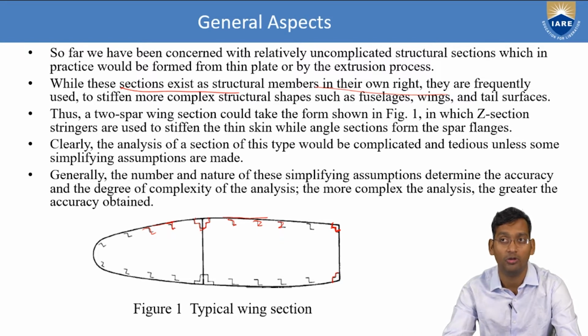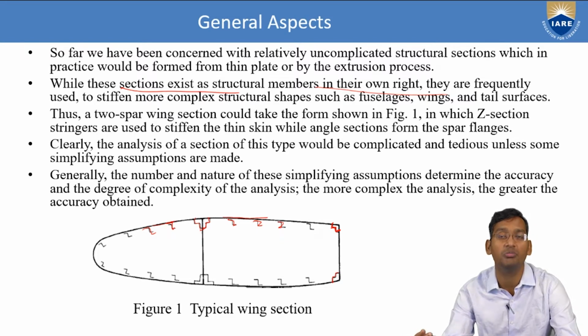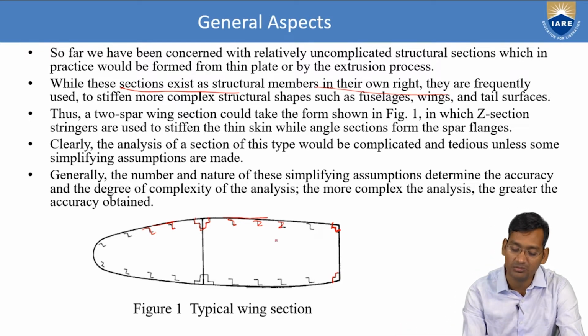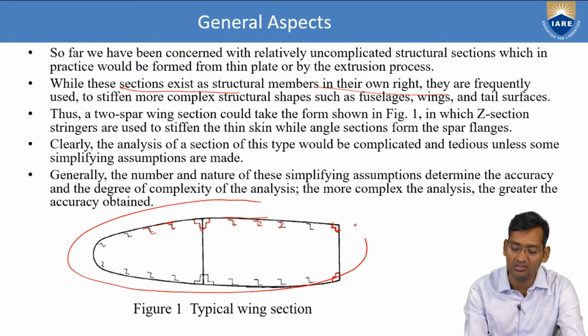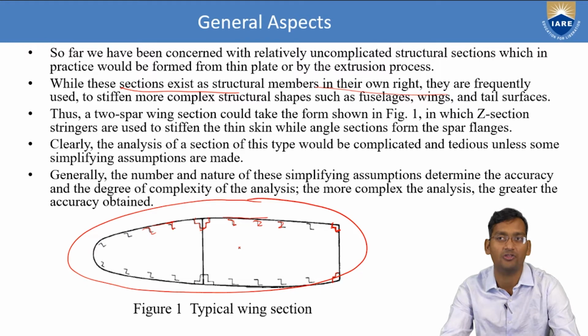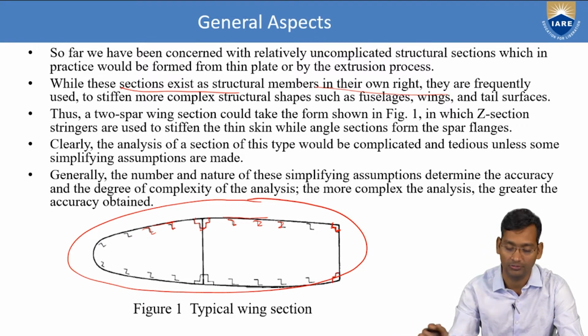How to solve? We will go for some simplifying assumptions so that we can simplify this and then solve. But those assumptions should not affect the accuracy that much; the result should be near to the actual one.